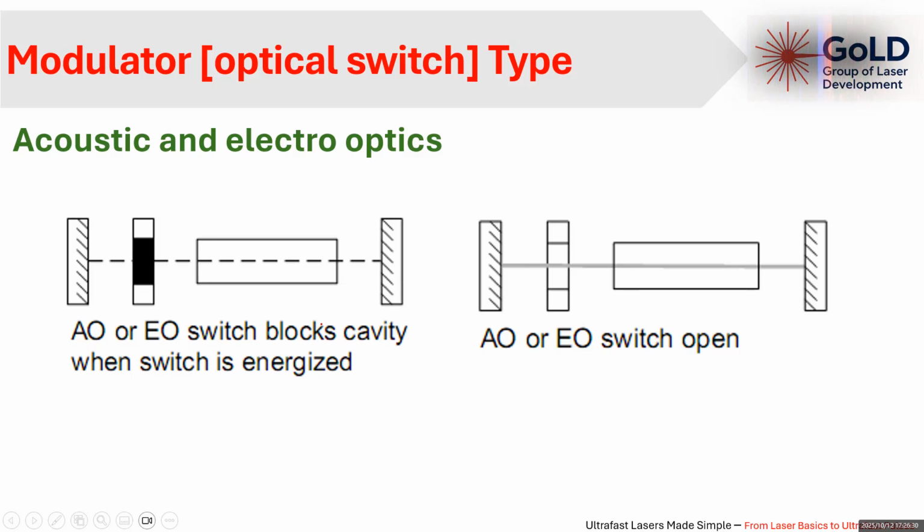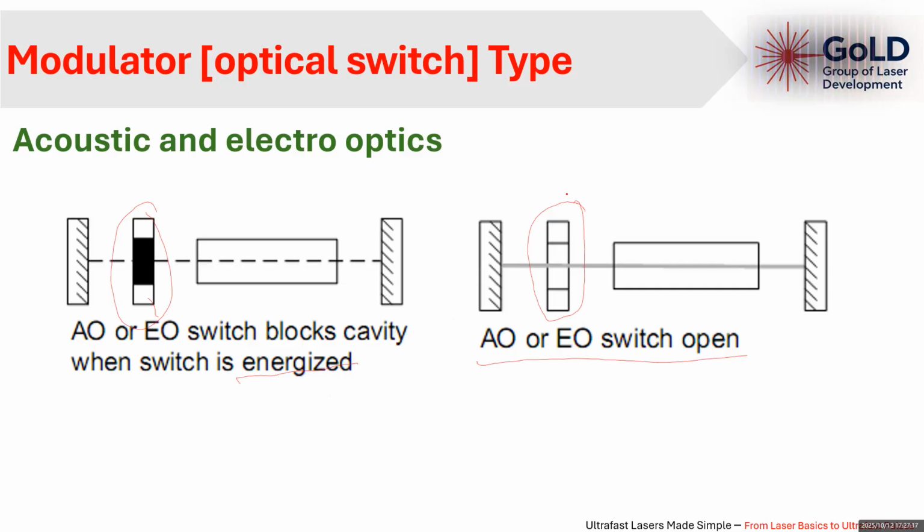The method is the same: one side is blocked when the switch is on, energized. Energized means it will not let the main beam pass through the switch, like here. If it is not energized, then it's open and the light may pass through.